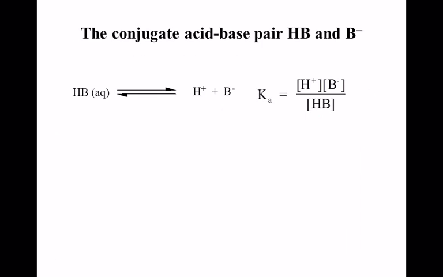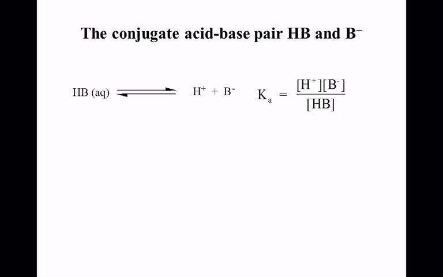Okay, so I'm going to show you that on either side of the equilibrium arrow, if you pick out the conjugate acid-base pairs, their Ka times the Kb is equal to Kw. I'm going to do a little proof. Here we go. This is showing the ionization of a weak acid, ionizing to form H plus and B minus, and the Ka expression would be this.